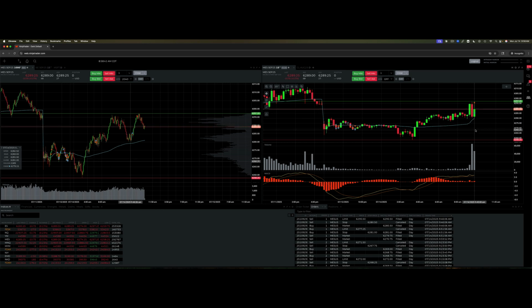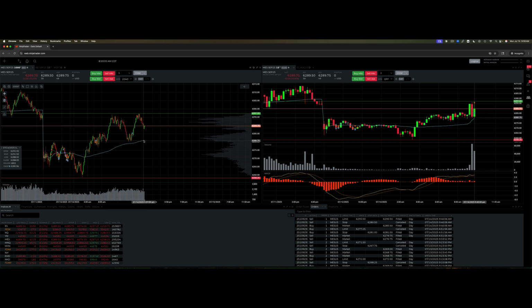This is a decent volume candle, still above the zero on the MACD. So this might just be a nice little pullback and entry to get back in. But again, I'm not interested till it gets closer.